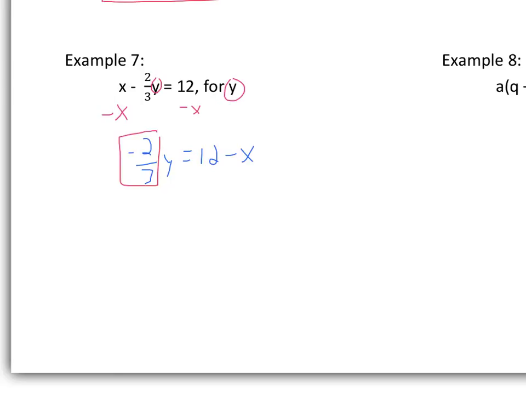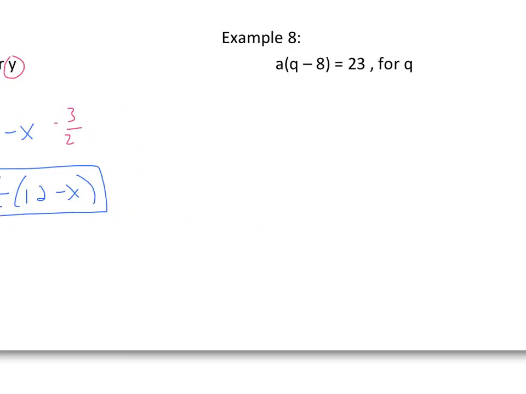One is I can multiply by the reciprocal, which is a negative 3/2, and that means I will end up with y on the left side all alone. On the other side, I would accept negative 3/2 times 12 minus x. If you wanted to, you could distribute that, but this is fine for what we're trying to do today. Solving this little equation for y.